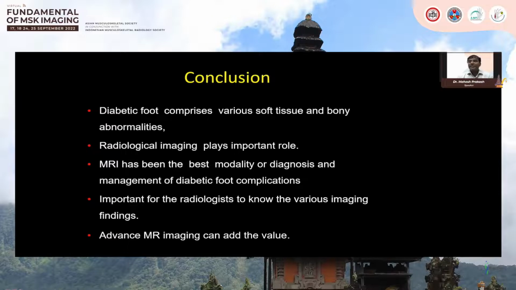As a radiologist, we should know the role of various imaging features of these pathologies and should not misdiagnose them. Advanced MR imaging can be helpful and can add value, and it can be useful in addition to conventional MR imaging.